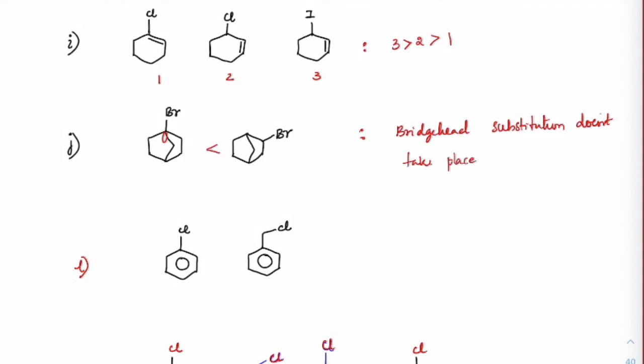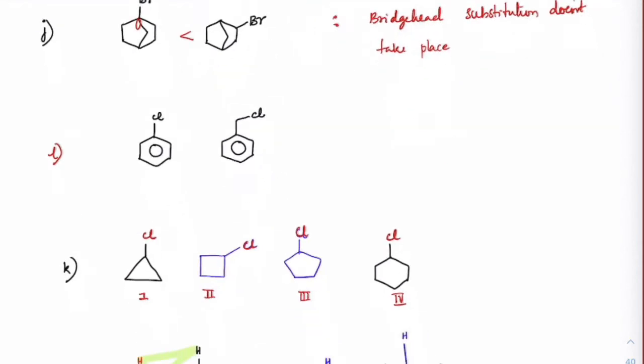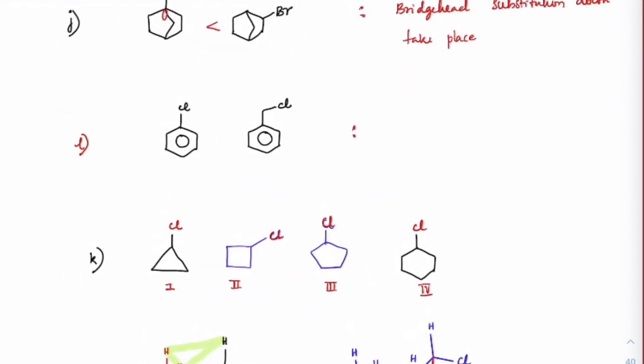So this would be the rate. Next one is pretty simple. Benzylic is better than phenylic. Phenylic does have a partial double bond character, so it won't take place.